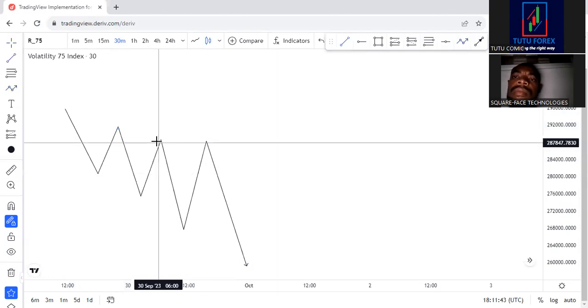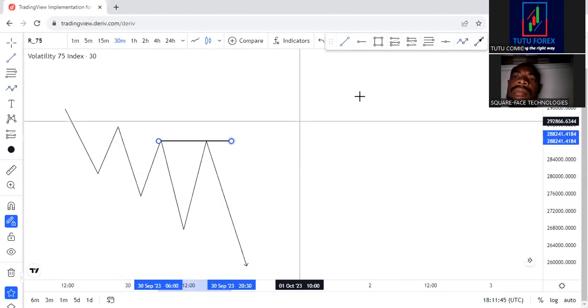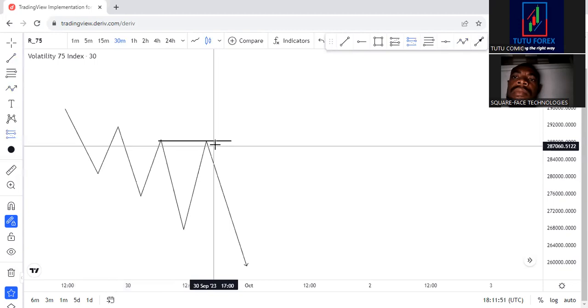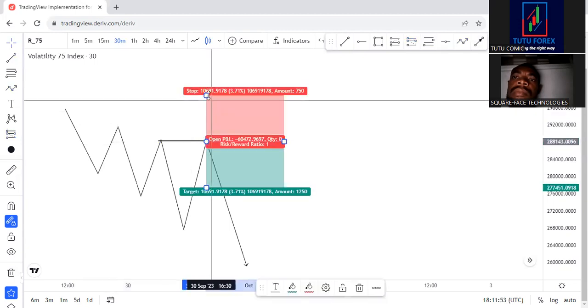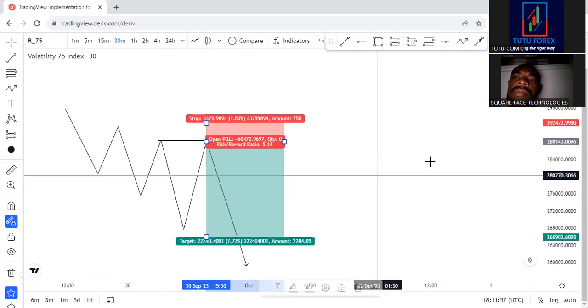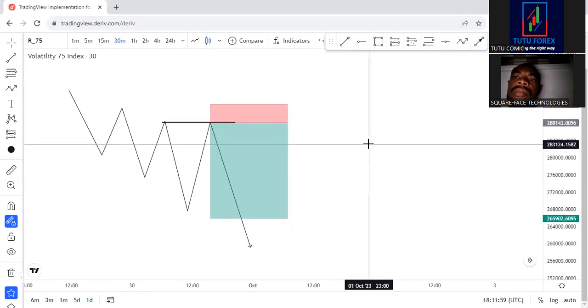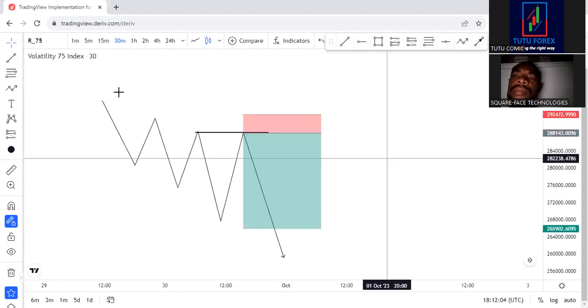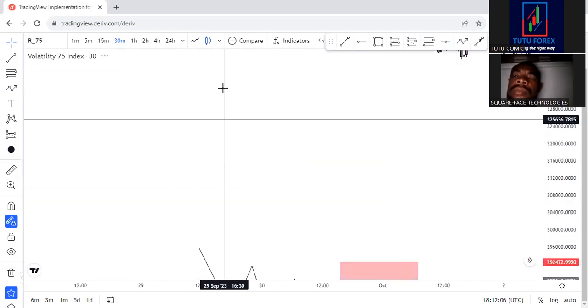You wait for price to run, whereby you set your sell limit, put your stop loss above, then you wait for price to run in your favor. Now, this that I've just explained is this here.